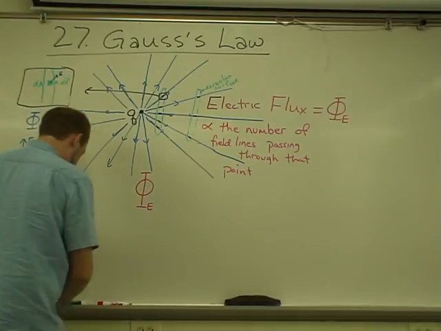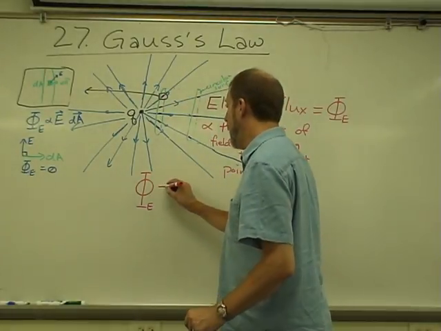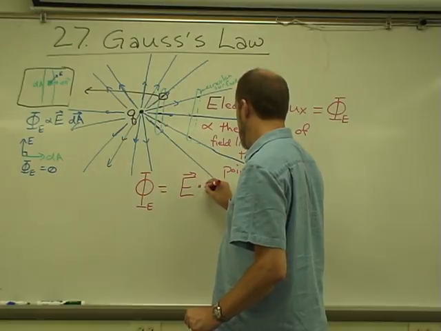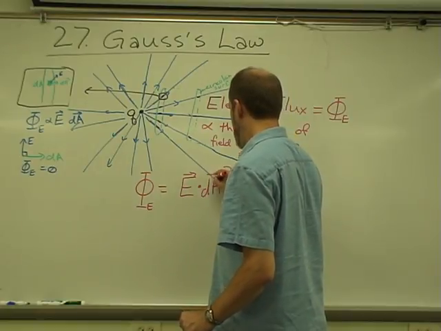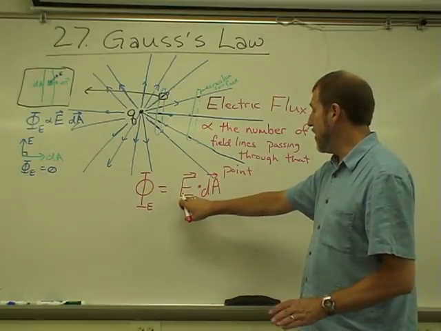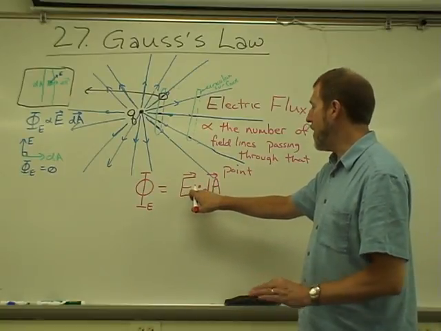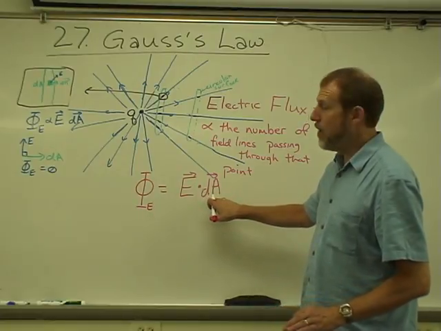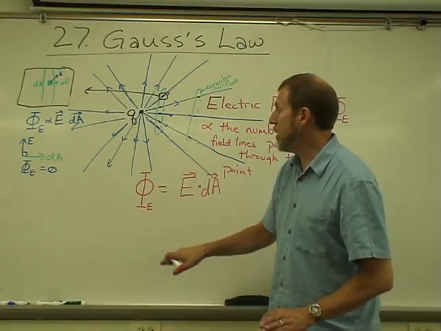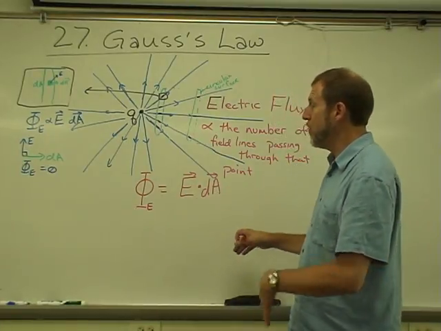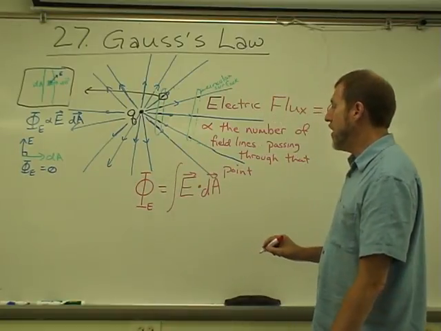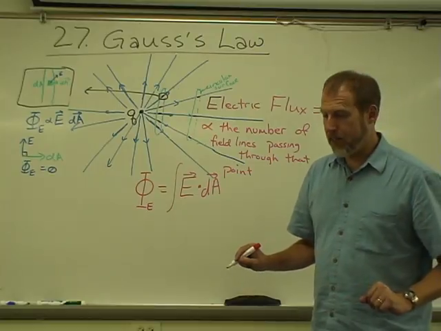So, I'm going to define the electric flux as the electric field dotted with, taking the dot product with, the differential area vector, and this will give us a scalar, which is cool. We're looking for a scalar electric flux. We're just trying to measure the electric field flowing through that surface. So if I integrate that over an area, I've got the electric flux.